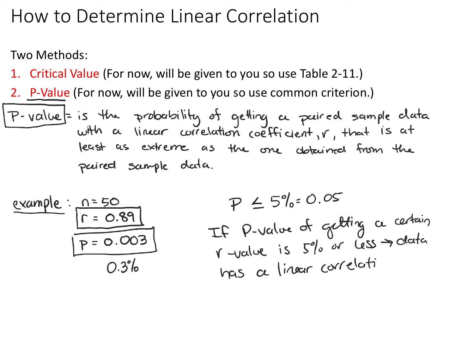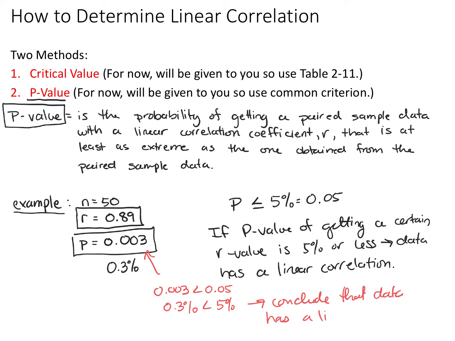On the same note, if your p-value is greater than 5%, then we say that the data does not have a linear correlation. In this particular example, because our p-value 0.003 is less than 0.05, since 0.3% is definitely less than 5%, we can conclude that our data has a linear correlation.